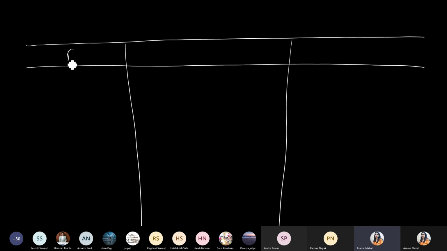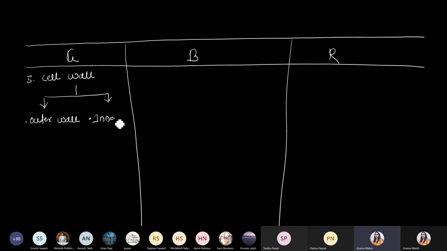So green algae, brown algae, and red algae. And the fifth characteristic, fifth property, is the presence of the cell wall. Now we already discussed that the cell wall basically has an outer layer and an inner layer. So the cell wall present in these algae has two layers. First is the outer layer, or simply the outer wall, and the other is the inner wall.